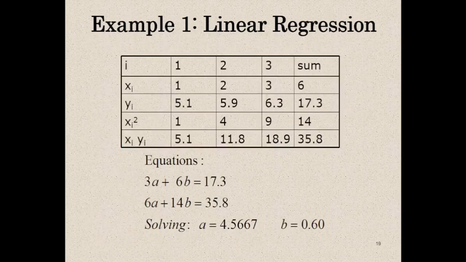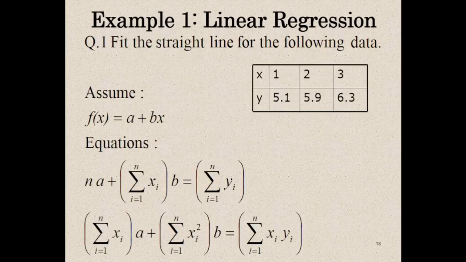We need to prepare the table. कैन सी कि हमें टेबल में कौन कौन से टर्म्स की जरूरत पड़ेगी. हमें जरूरत पड़ेगा समेशन ऑफ एक्स, समेशन ऑफ वाई, समेशन ऑफ एक्स स्क्वायर एंड समेशन ऑफ एक्स वाई. तो कैन prepare the table according to that.